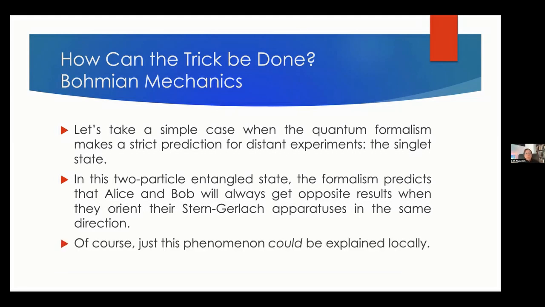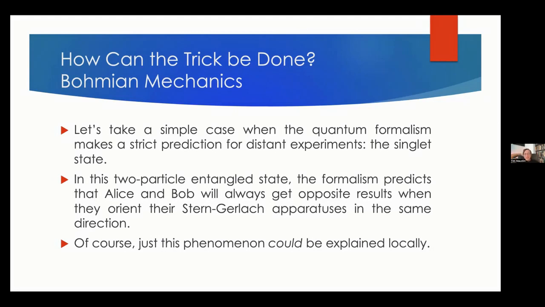Now, you might think, well, there's nothing very puzzling about that, right? Why should I be puzzled that whenever Alice sees one thing, Bob sees the other? As people say, if I take a dollar bill and rip it in half and send the two sides off, one to Alice and one to Bob, then they'll always get different sides, right?